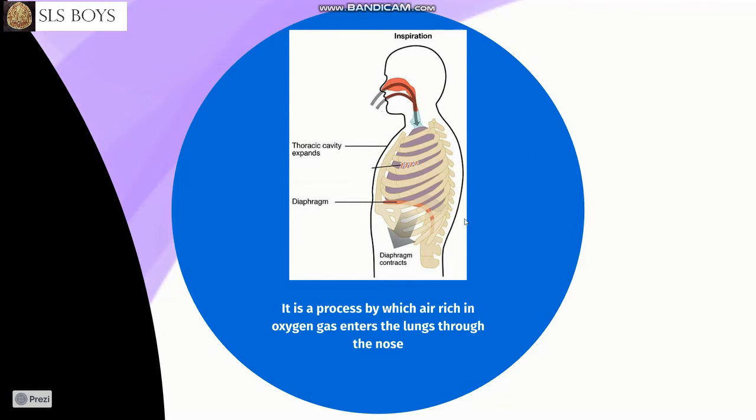The diaphragm muscle contracts and moves down. The ribs move upward. And the chest cavity expands, where the oxygen gas enters the two lungs through the nose.